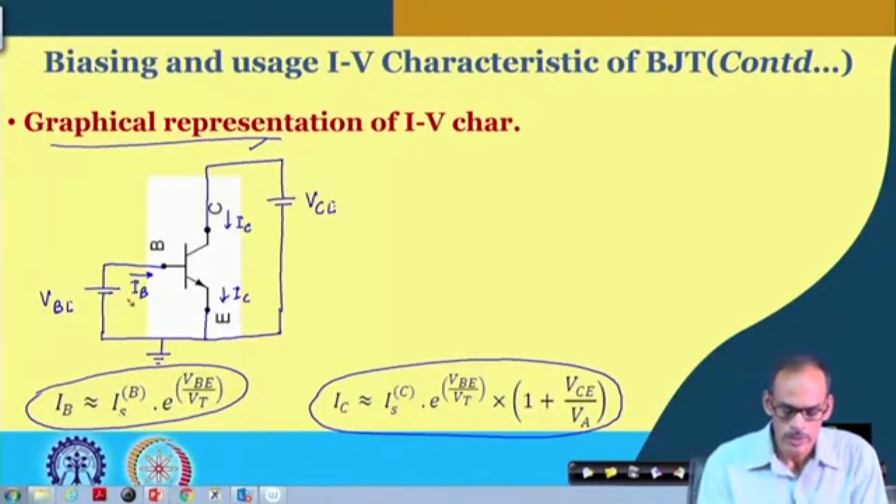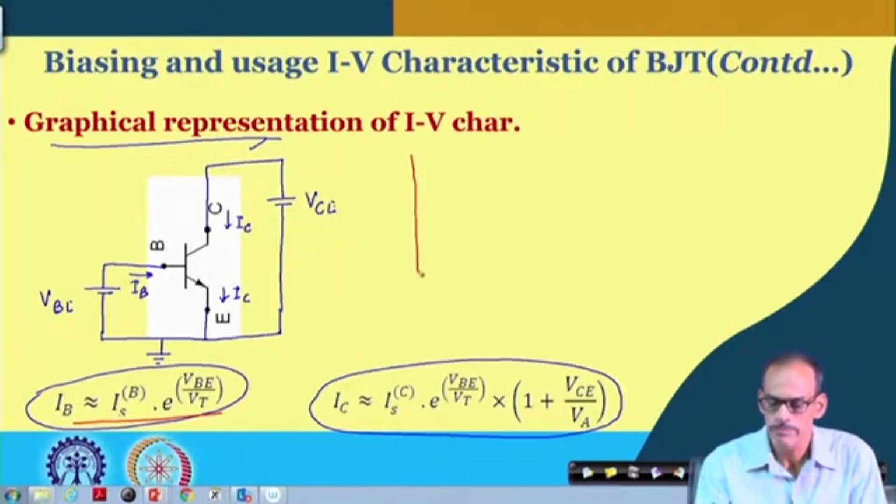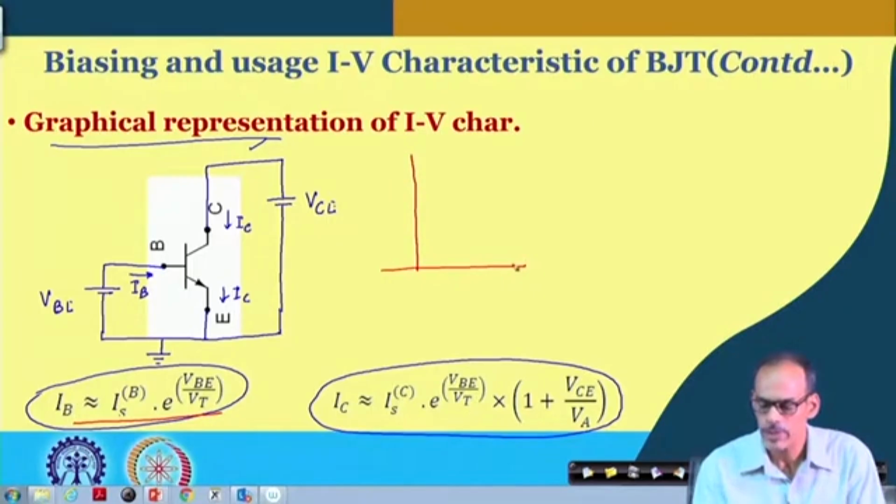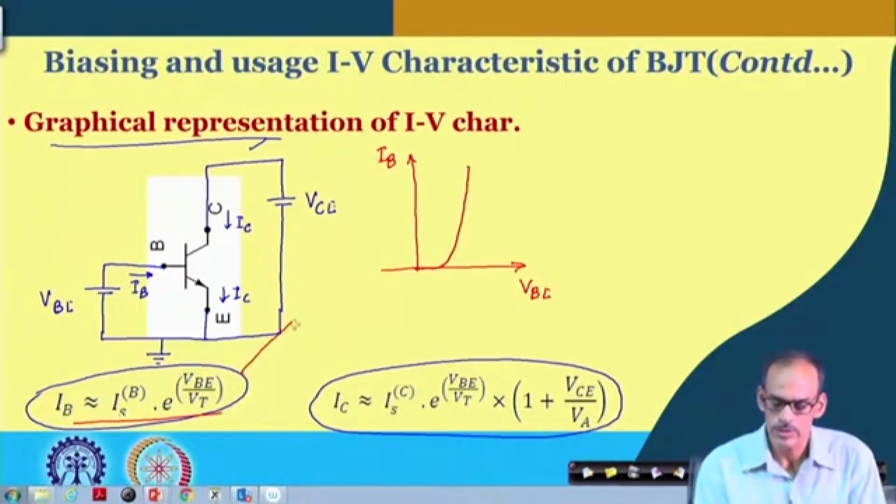If you consider the first equation, IB versus VBE, this equation suggests that it is similar to the diode current in the forward biased condition. So, this will have exponential behavior, and this equation is represented graphically.